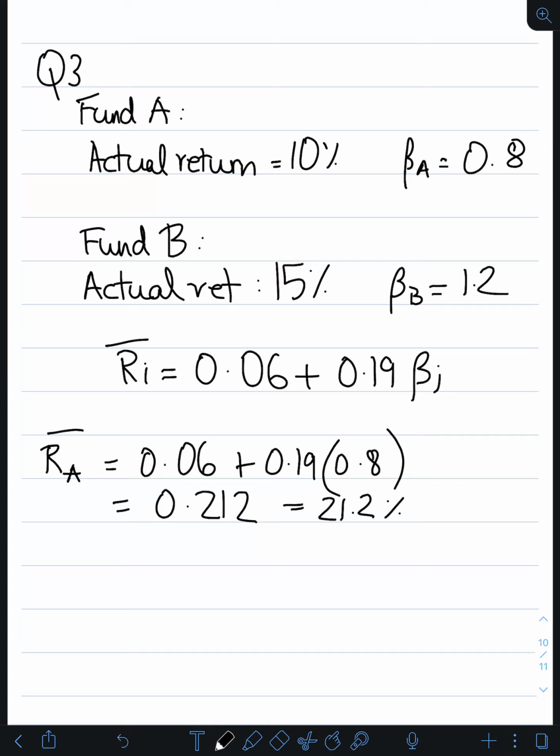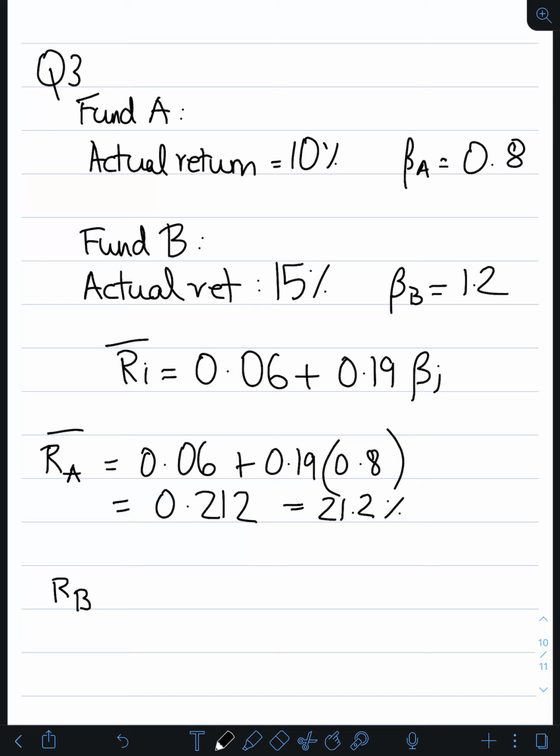So we can already see this number is much bigger than this. Okay, so we were expecting 21.2%, or we should have gotten 21.2%, but the fund actually got only 10%. And so we can already see that fund A is not doing good. Okay, fund A has done much worse than we thought.